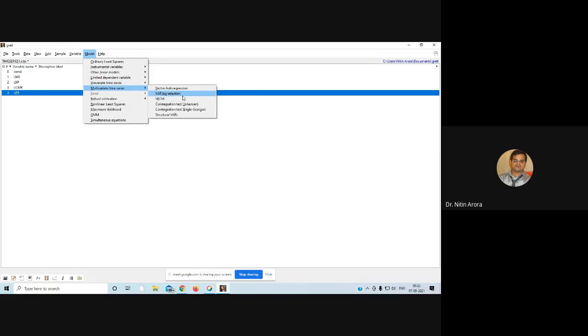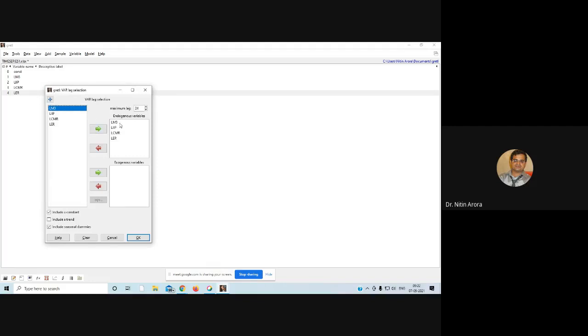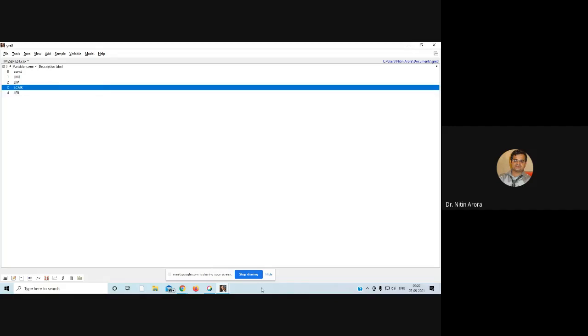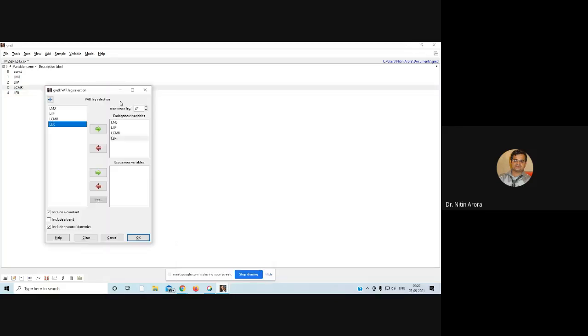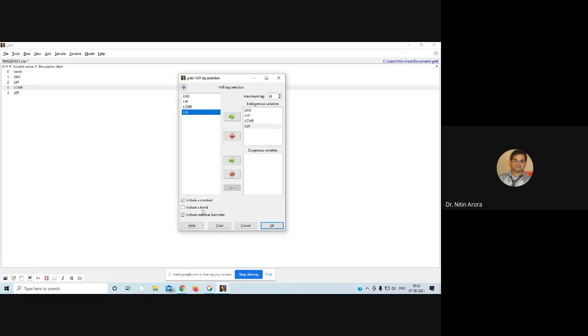VAR lag selection means you have to select the endogenous variables, like we have four endogenous variables. With these four endogenous variables, we can see what is the optimum lag length.